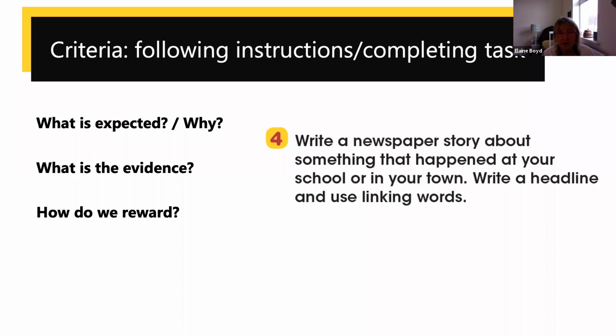So what we're doing here is, they might, for example, have very poor grammar, but they might be very good at following instructions. So if you want them to have a motivation for getting their grammar better, if you say, oh, but you're really good at following instructions, you did a beginning, middle, and end, you had lots of information in your story or whatever, then next time they'll be motivated to try and make it better and to try and get it right.